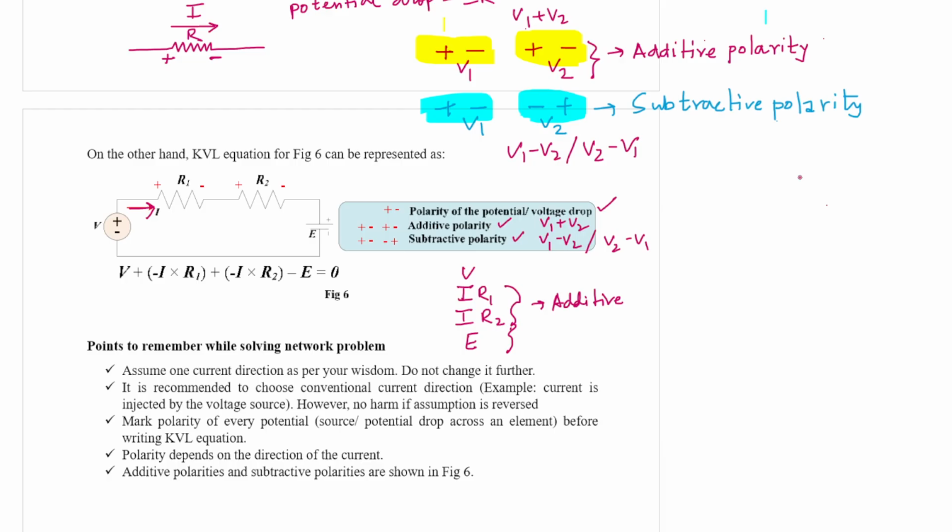Suppose you have this circuit, figure 6, it is not possible to know the actual direction of the current, whether it is from V to E or from E to V. However, to start the problem, you must choose one direction. So at first, you choose one direction as per your wisdom.